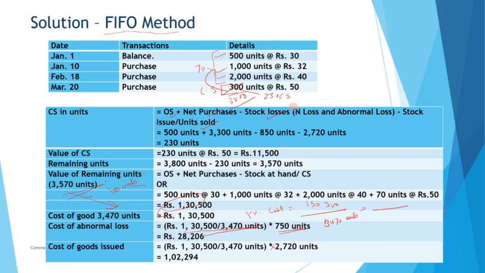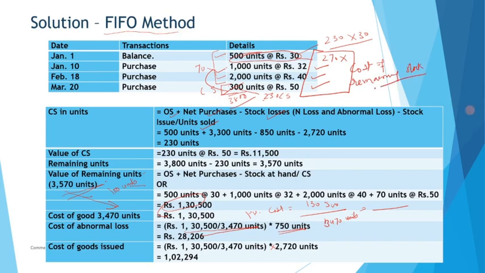Okay, now had it been a question of LIFO approach, then our calculation will be similar. The only difference will be that our closing stock in that case will be from the initial lots. So our closing stock will be 230 units as we have measured at a price of 30, and remaining 270 units of this lot will be comprised with these, and this will give you cost of remaining lots. This will be giving us cost of remaining stock.